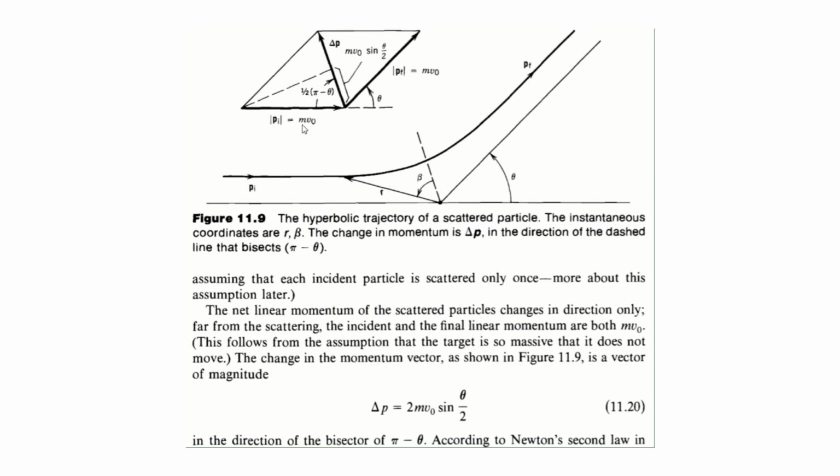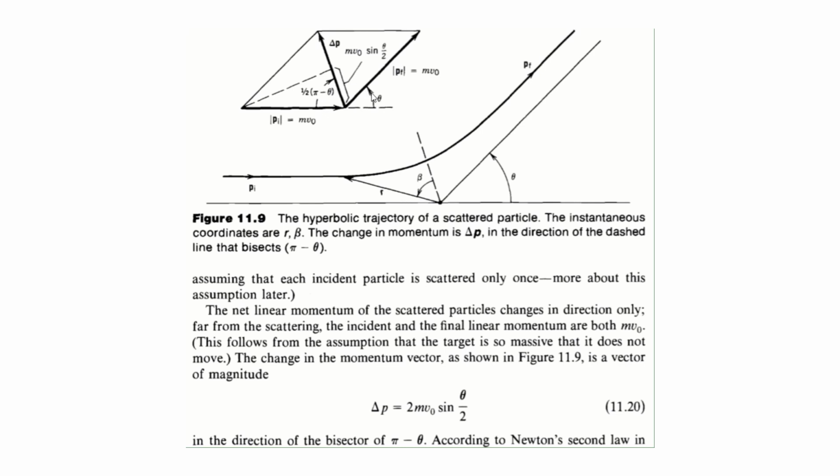If we assume that the initial momentum is mv naught, and the particle is coming in this direction and then getting deflected in this direction, the magnitude of momentum remains the same, but the change by parallelogram law would be in the direction of the bisector of this angle.